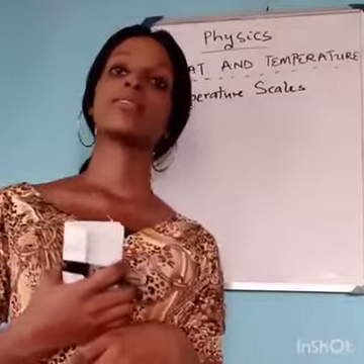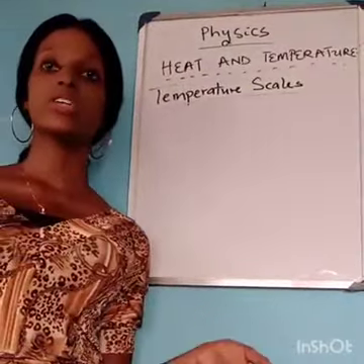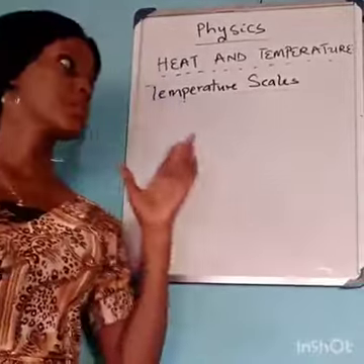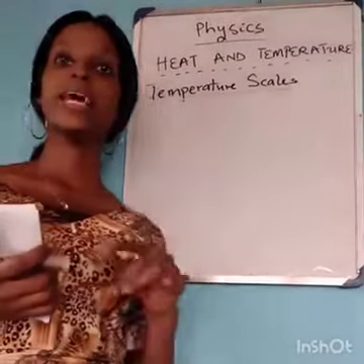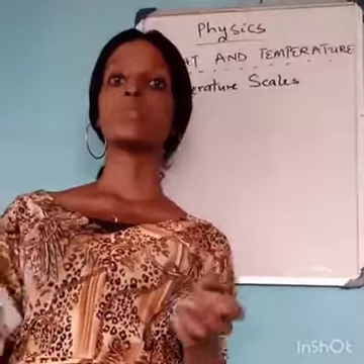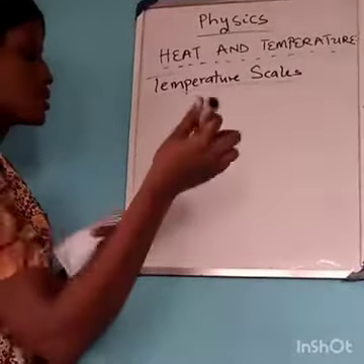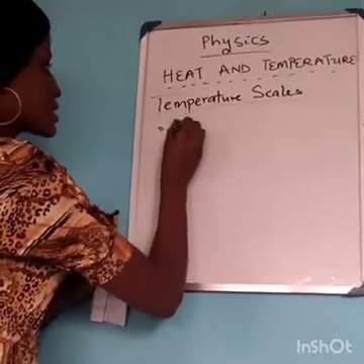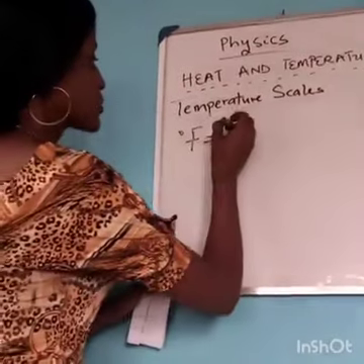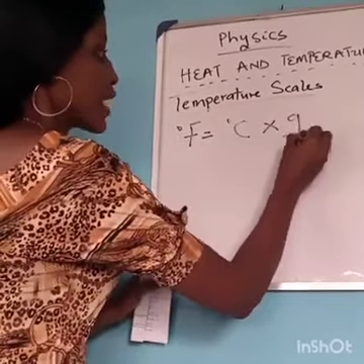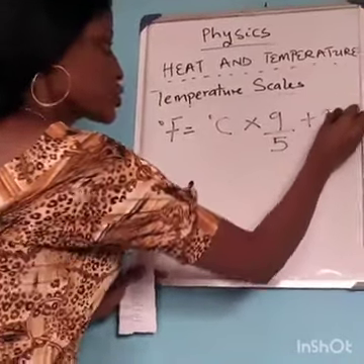You may be asked to convert from degrees Celsius back to Fahrenheit. It's also very, very easy. From the formula we had earlier, you can make Fahrenheit the subject of the formula. Degrees Fahrenheit will be equal to degrees Celsius times 9 over 5 plus 32.